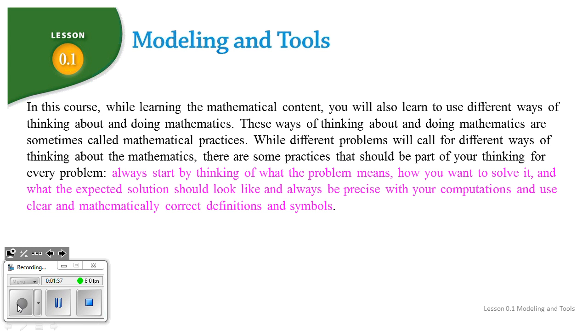So in this course, while we're learning our content, we're going to learn these different ways of thinking about and doing that. So I'm going to focus on this last part right here. No matter what problem we're doing, always start by thinking about what the problem means, how you want to solve it, and what the solution should look like.